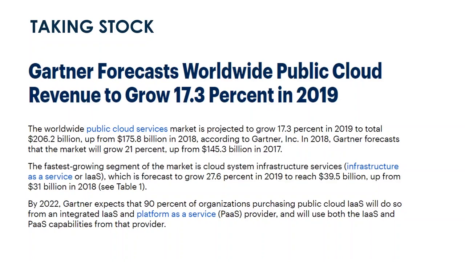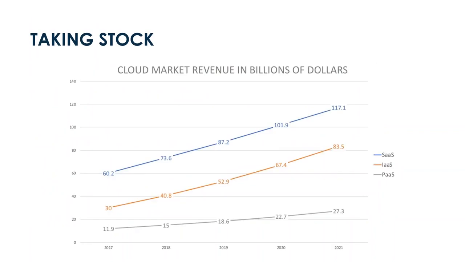These numbers are staggering, and we see an upward trend of the cloud market. In terms of revenue, there are many key players in the market. We'll get to them very quickly, but if you see the revenue in billions of dollars, it's a massive amount. It's just growing. If you see the horizontal line, which is the year, it's an upward curve.